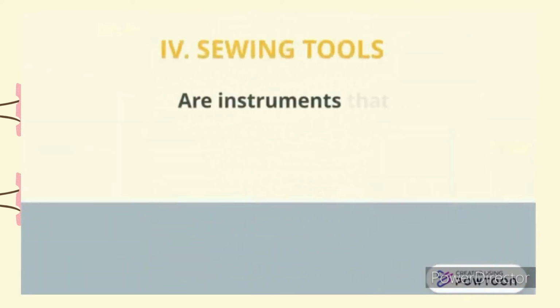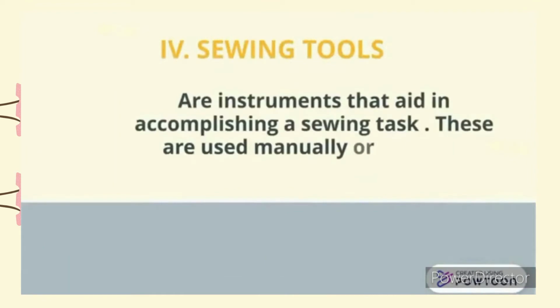The fourth category is sewing tools. Those are the instruments that aid in accomplishing a sewing task. These are used manually or by hand.